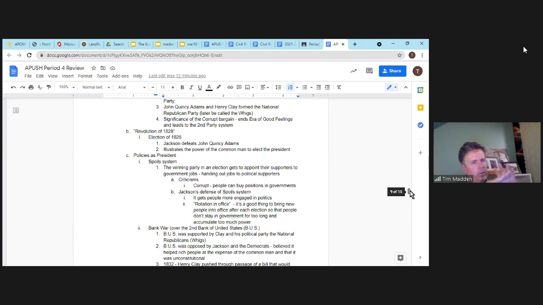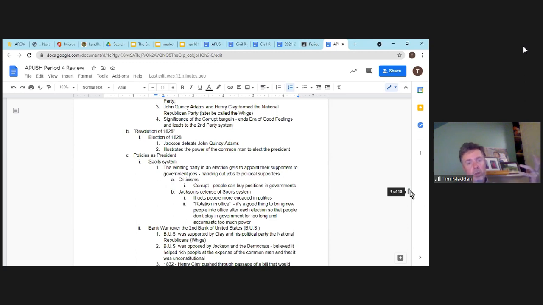We're talking about lower level, not policy-making positions, but just carrying out the functions of government, right? So talking about postmasters and people who run customs houses, right, who are collecting tariffs. That's the level we're talking about, okay? They are not policymakers.